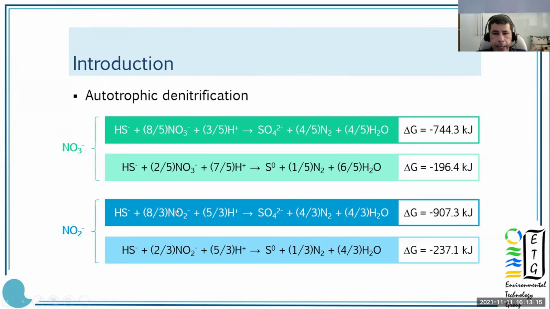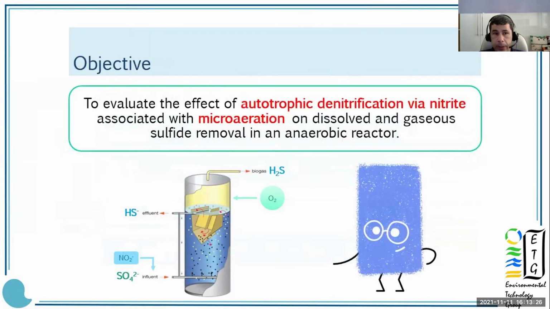So we applied here the nitrite, which is even more negative, therefore more spontaneous. The objective of this research was to evaluate the effect of autotrophic denitrification via nitrite associated with microaeration on dissolved and gaseous sulfide removal in an anaerobic reactor.